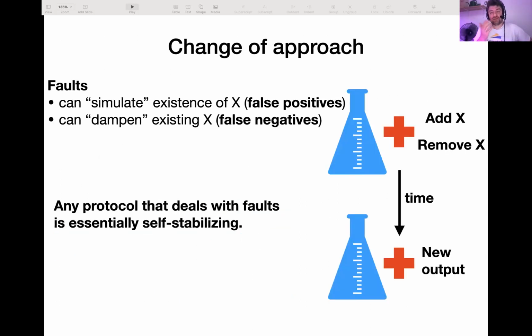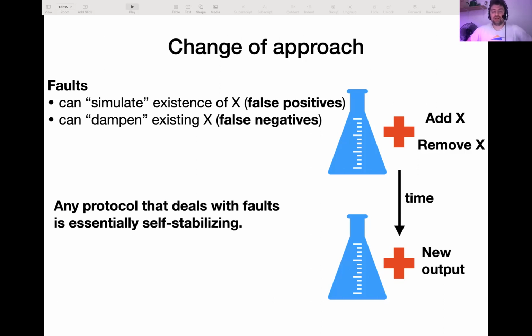So we need to adapt our thinking about the protocols a little bit, because there are two types of faults. We have false positives, where the adversary can simulate the existence of X, and we have false negatives, where the adversary can try to prevent X from reacting.